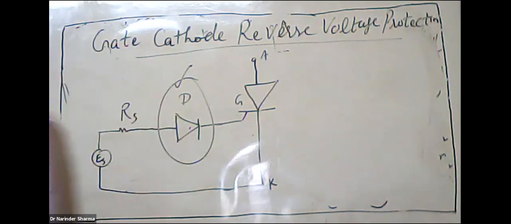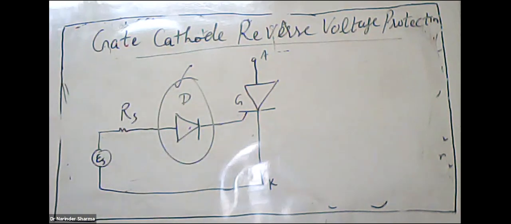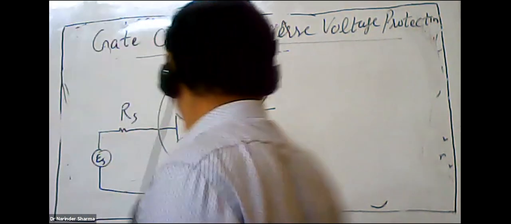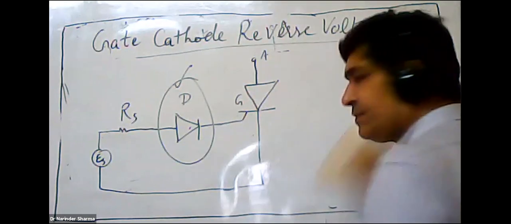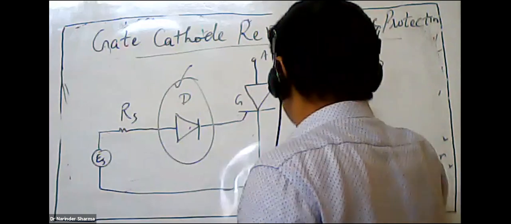Thyristor protection can be done in various other ways. Due to the reverse process in SCR during turn off, voltage overshoot occurs.